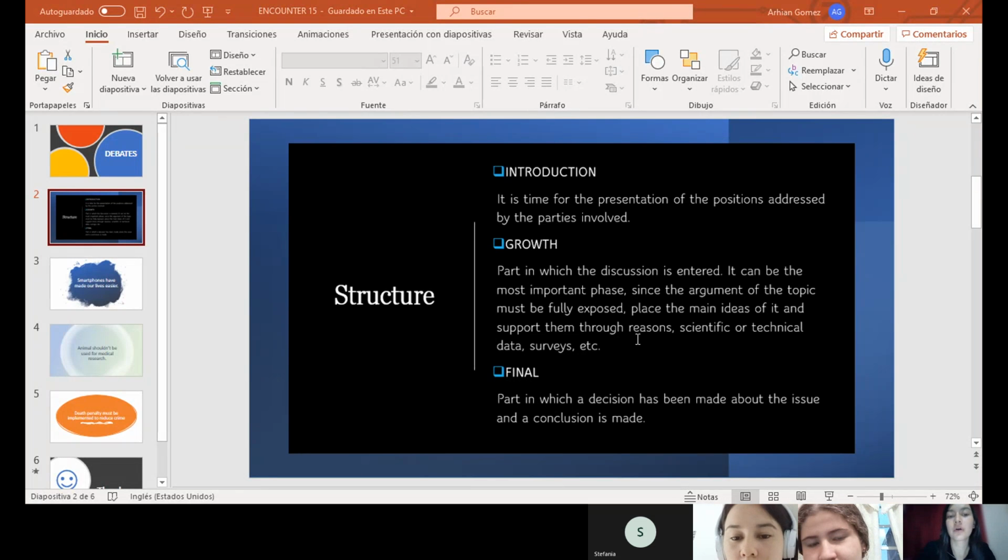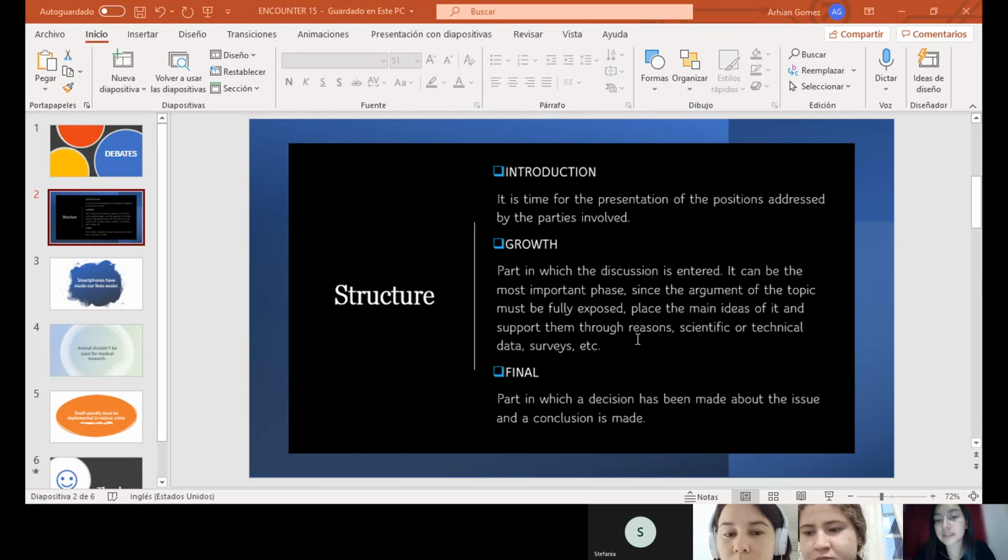We are also going to use the same methodology of the previous class. The structure of the debate consists of three parts. The first part, each student will make their introduction to the subject for 2 minutes. Okay, during 2 minutes, neither more nor less time.